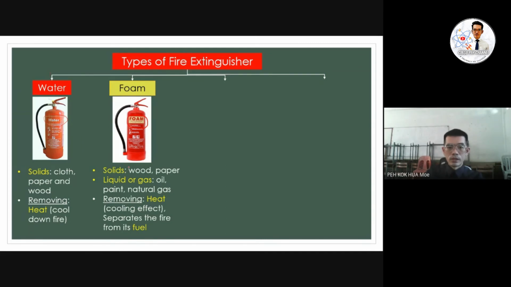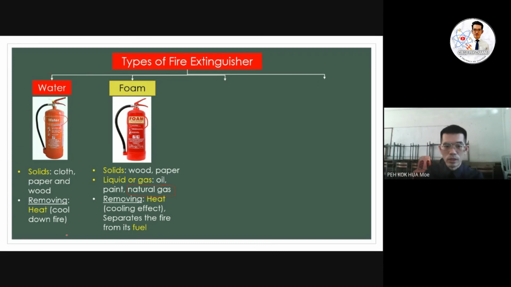It can extinguish fire caused by solids, for example wood and paper, and also fire caused by liquid and gas, for example oil and natural gas. But here we mentioned natural gas, not including the flammable gases.